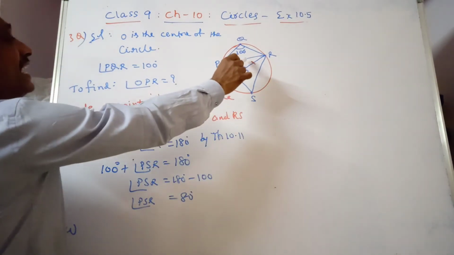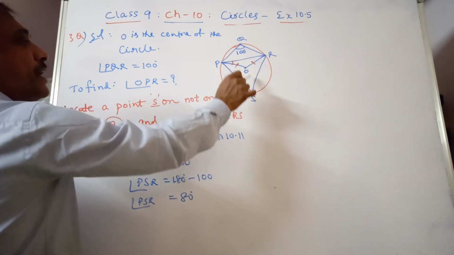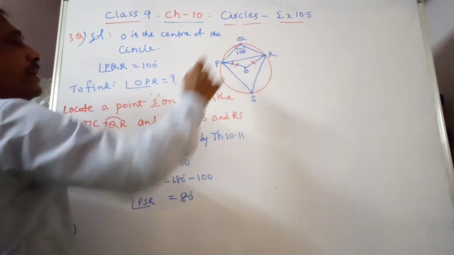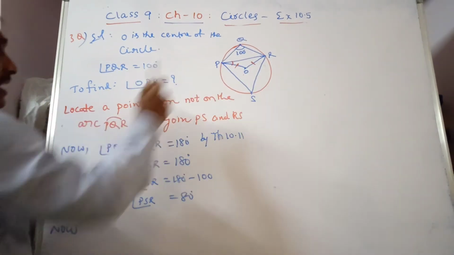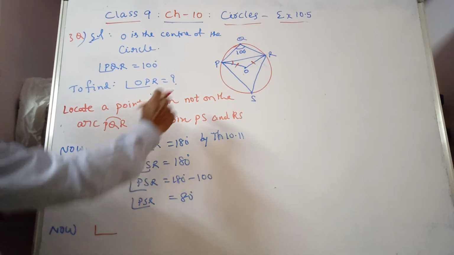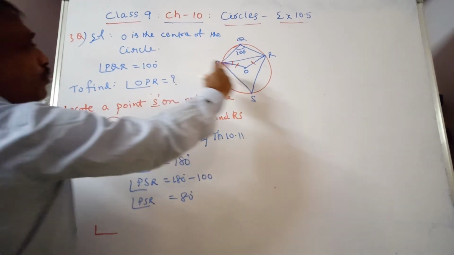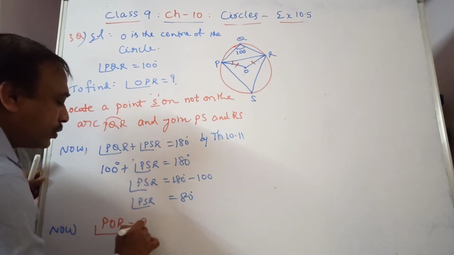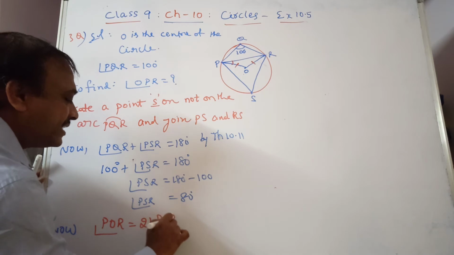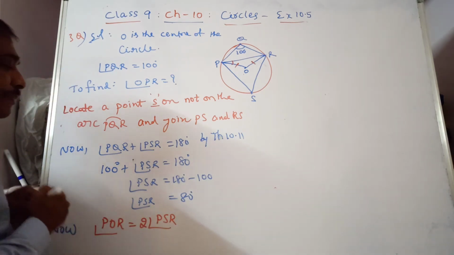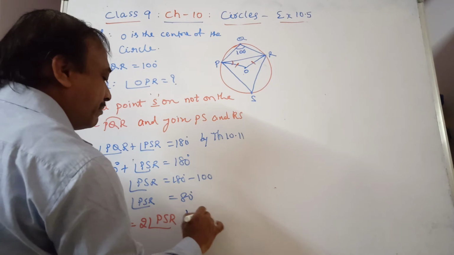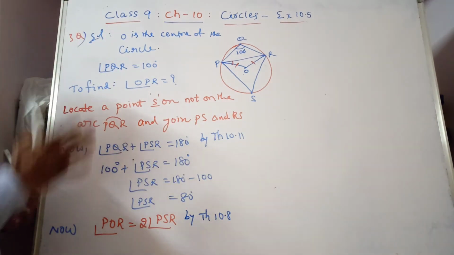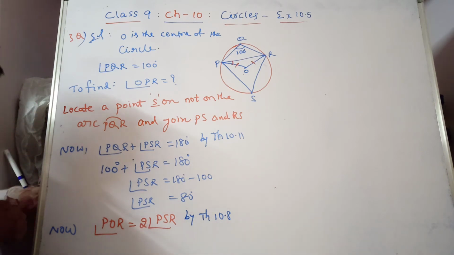POR is the angle at the center, which is double the angle at the remaining part of the circle. You see, the angle made by this arc at the center is double the angle at any point on the remaining part of the circle.